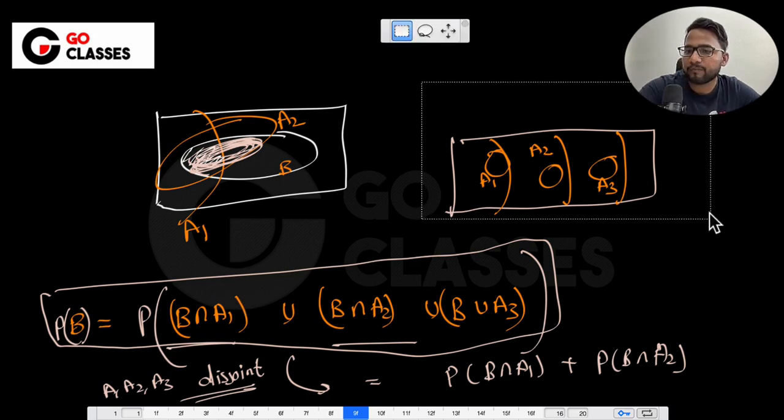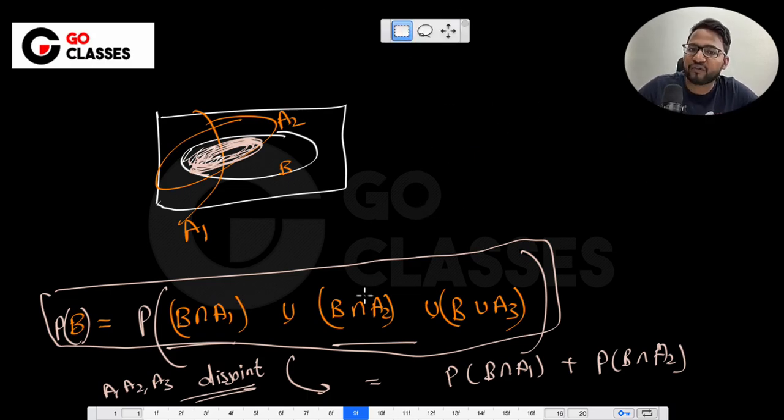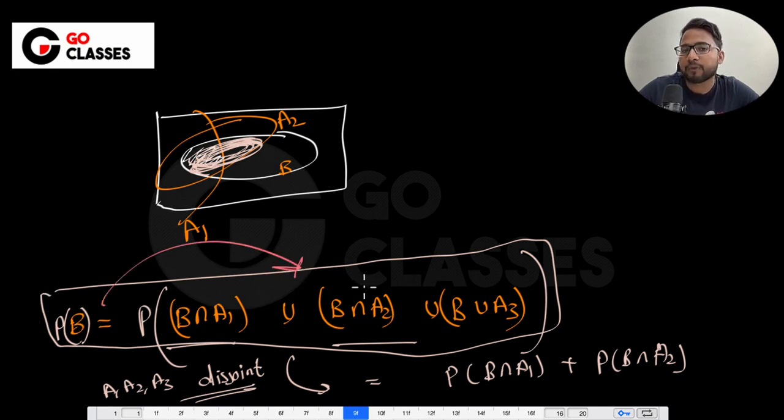So what we need finally is that we need them to be mutually exhaustive. We also need them to be mutually disjoint, right? Why exhaustive? So that I can write B like this. Why mutually disjoint? Because I want to have the probability and finally the plus symbol here. You don't need to remember this, you don't need to worry about it.